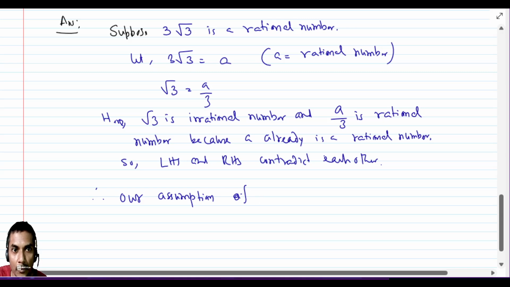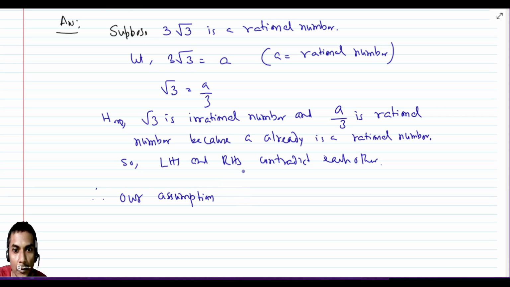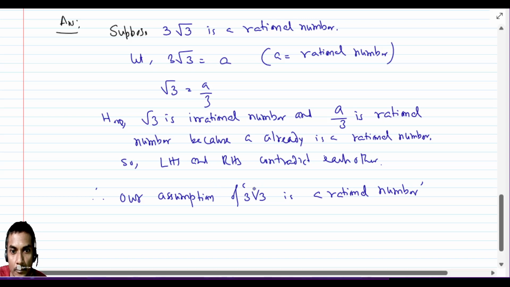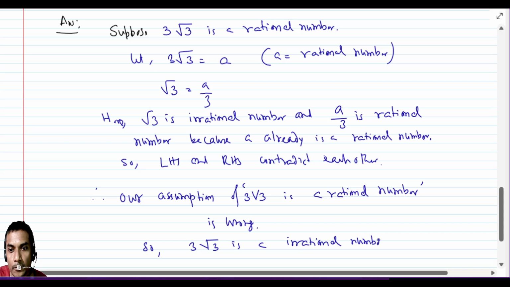The assumption that 3 root 3 is rational is wrong. So 3 root 3 is an irrational number. Clear?